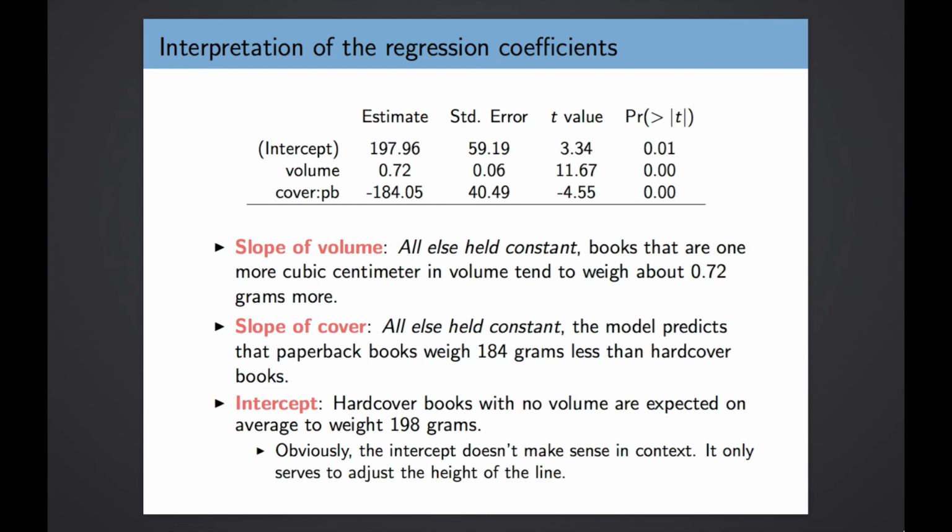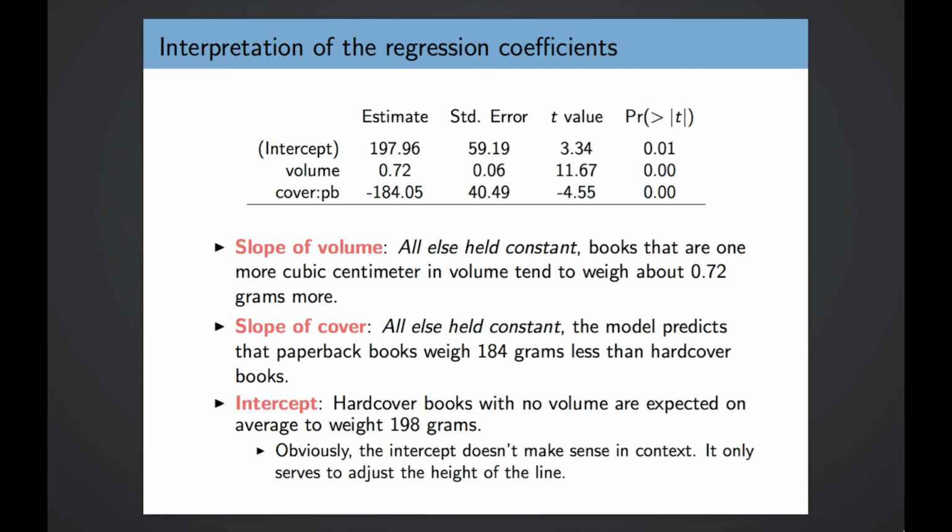Looking at volume first, we can see that our coefficient on volume is 0.72. Now, in a simple linear regression model, what this means is that a 1 unit increase in the independent variable volume is associated with a 0.72 unit increase in the dependent variable.